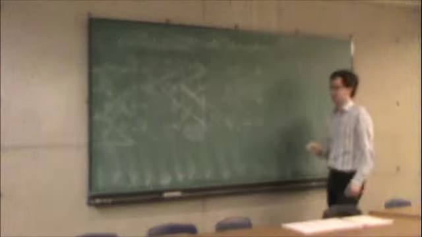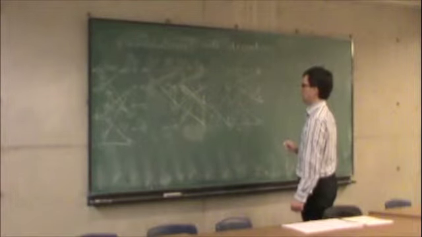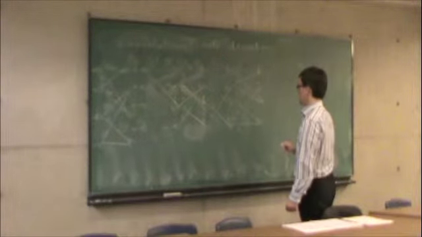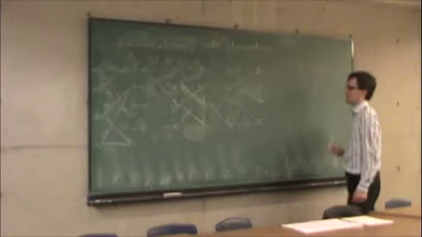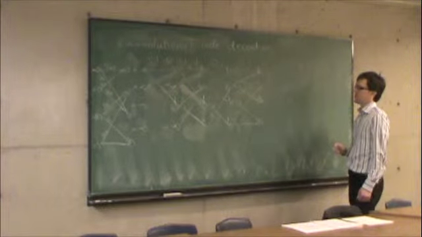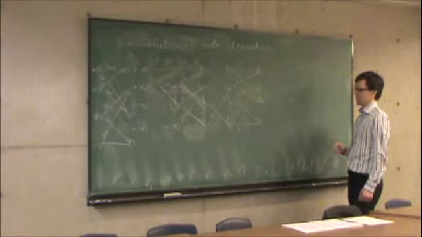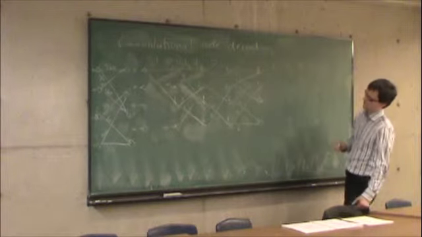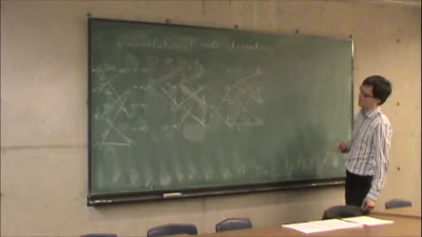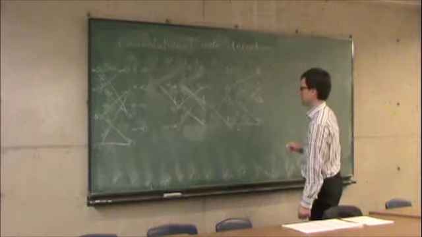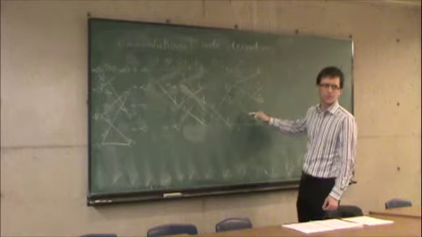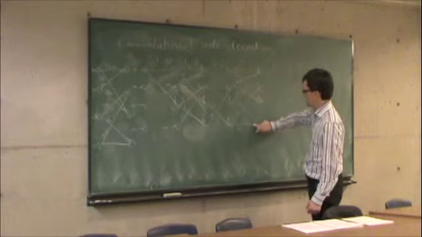Here I have my first tie. So when you have a tie, you can pick any rule you like to break the tie. So let's just always pick the top edge of the two.